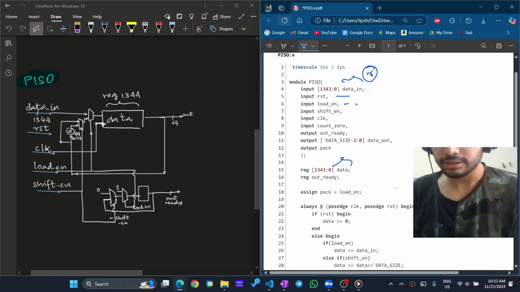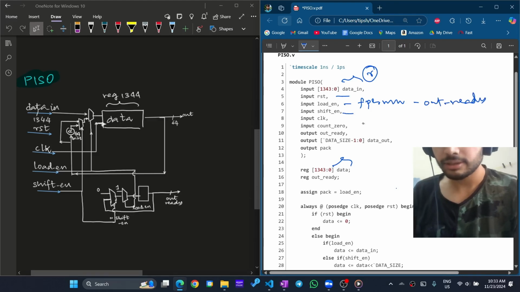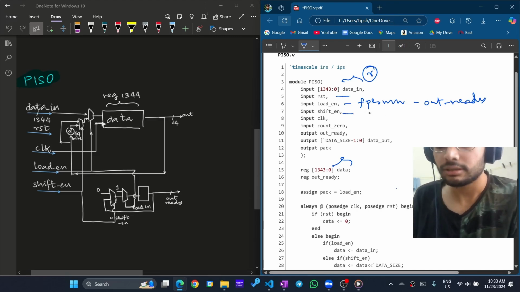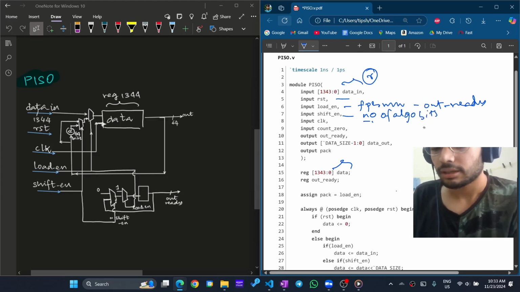Reset is to reset all the registers. Load enable is to load the input based on if the F permutation has performed out ready. And shift enable is to say to shift out the number of appropriate bits for the specific algorithm, and this is based on the algorithm.